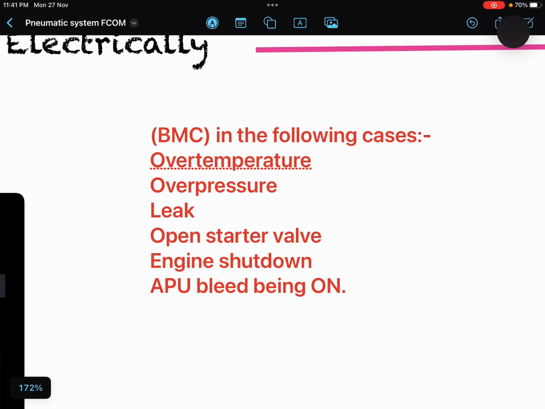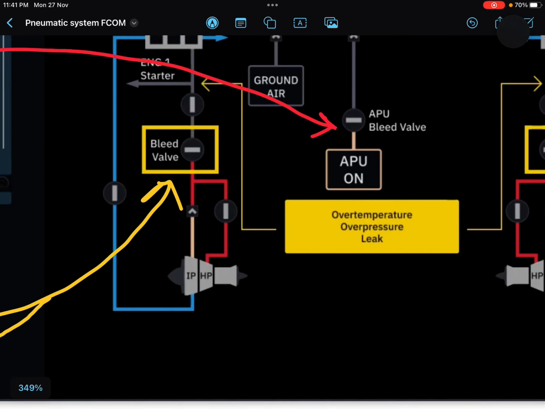Now the second: if the engine has been shut down. When the engine is shut down and not running, is there any need for this bleed valve to remain open? Obviously no. And BMC knows this, so BMC will close it.